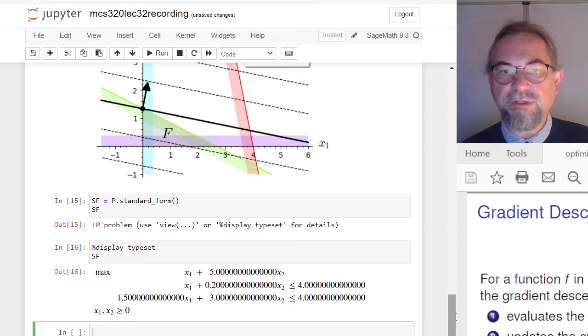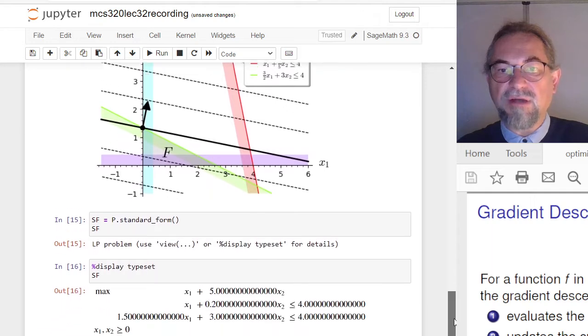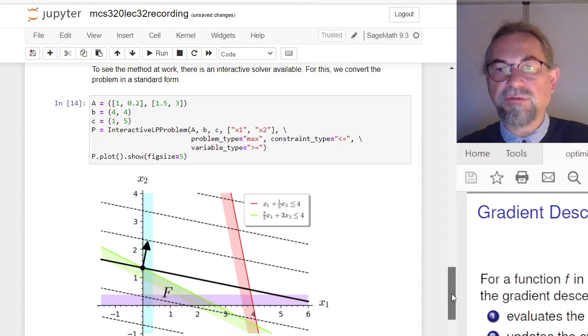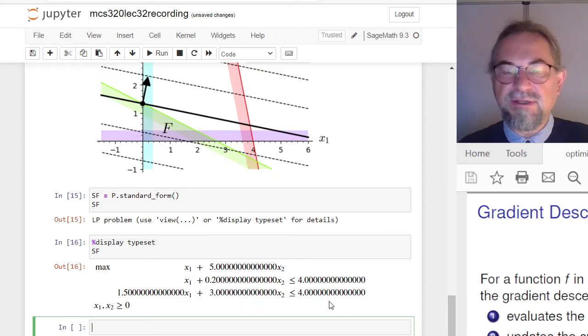So this is more convenient. So this is, by the way, another check for whether you have interpreted the problem here correctly. So this output cell is a verification on the correct interpretation of the interactive problem. So where you see now the symbolic format of the problem listed explicitly as the inequalities.